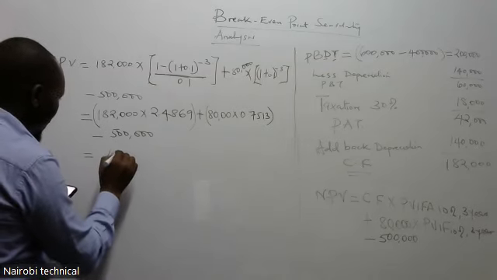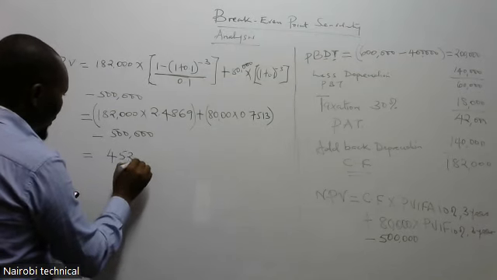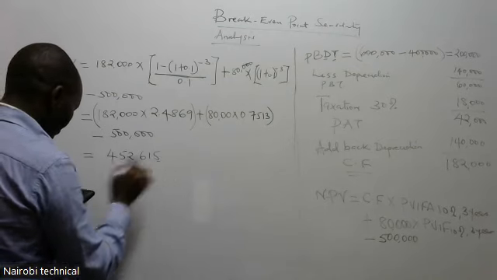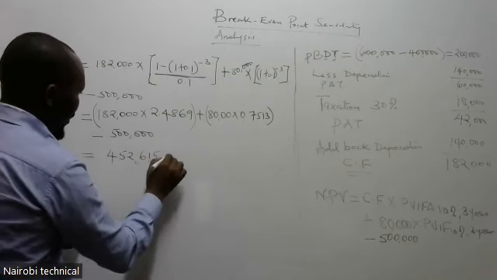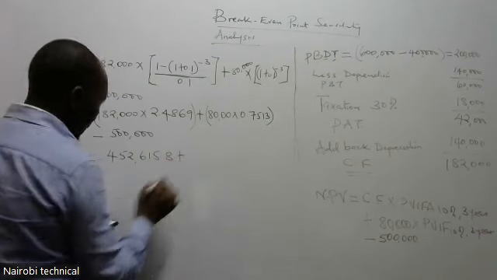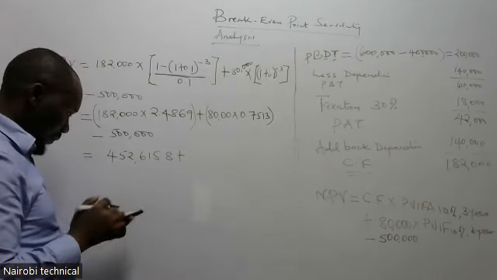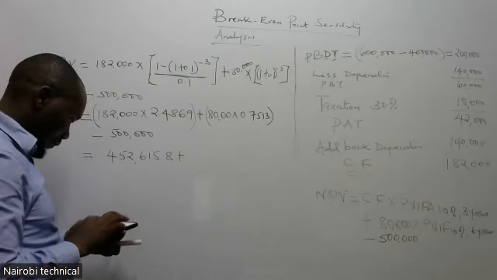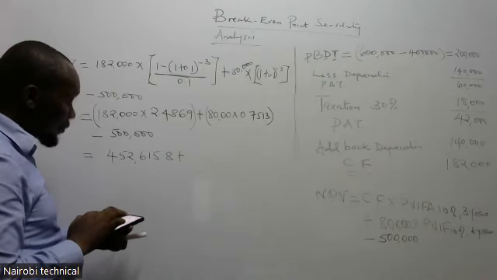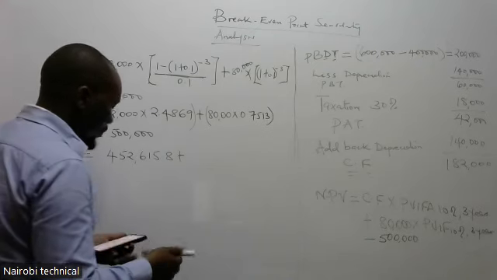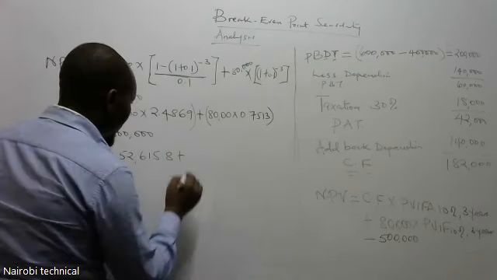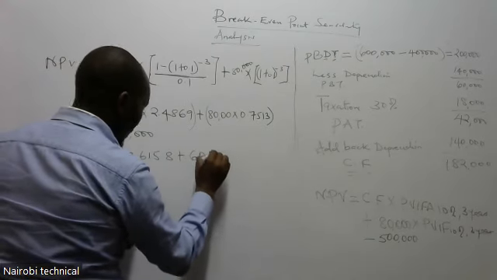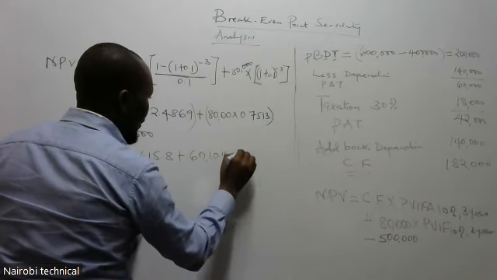This one is 452, 615, 615.8 plus 60, 104 minus 500.